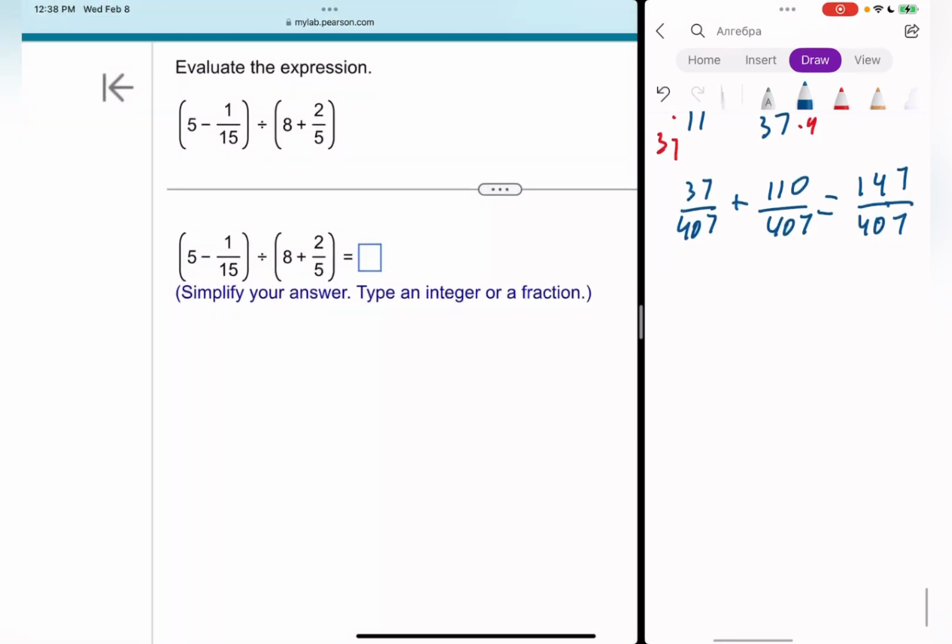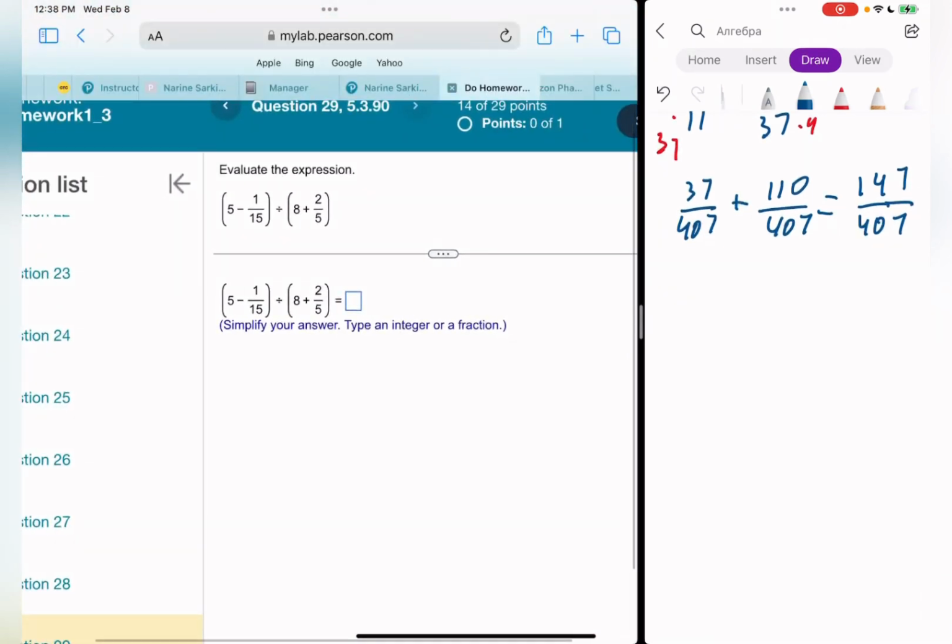So first we need to subtract 5 minus 1 over 15, and then 8 plus 2 over 5. Let's do it. 5 minus 1 over 15. The easiest way is 5 I can represent as 4 and 15 over 15.